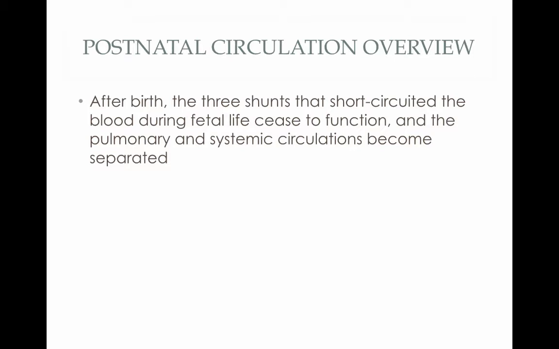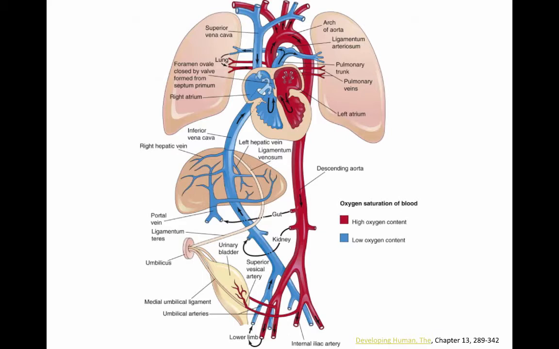After birth, those three shunts that short-circuited the blood during fetal life cease to function, and then there's a separate pulmonary and systemic circulation. After birth, those shunts close.